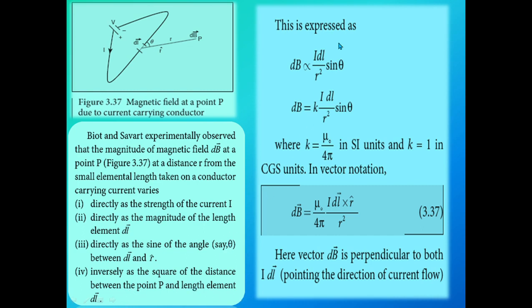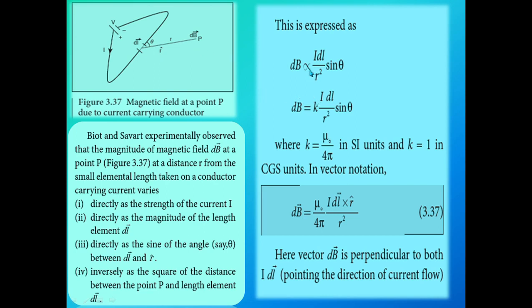This is expressed as, once again, the magnetic field dB vector is directly proportional to the current, directly proportional to the magnitude of the length of the element dl vector, and inversely proportional to the square of the distance between the point P and the length element dl vector.